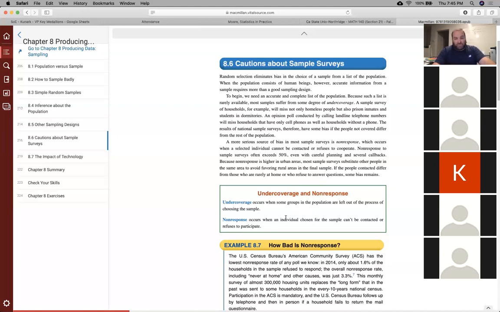The other one is called non-response. Non-response is when you have a wonderful sample and you think everything's going to be great about this sample, but you can't contact them or they refuse to participate. What's an example of a situation when people refuse to participate in a sample? That's something like when a telemarketer calls you, right?